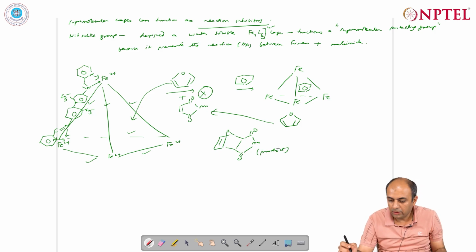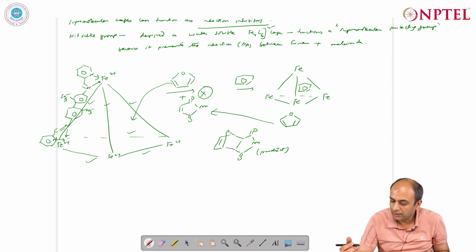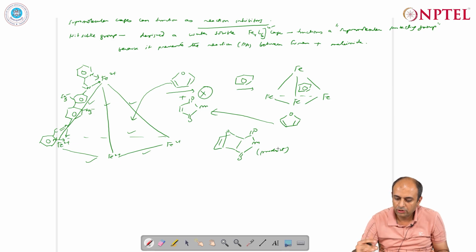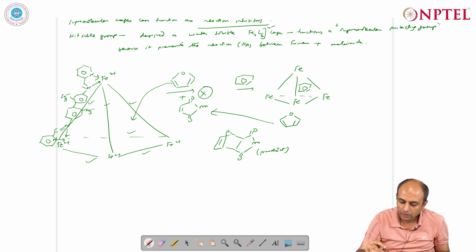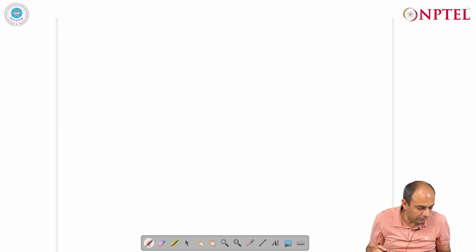So there are a lot of interesting things which can be done with these kind of cages by changing the nature of the ligands. Compared to the gallium cage, a very different kind of ligand is present, and so essentially furan gets tightly held inside, but then when you put benzene, it gets displaced and the reaction proceeds satisfactorily.